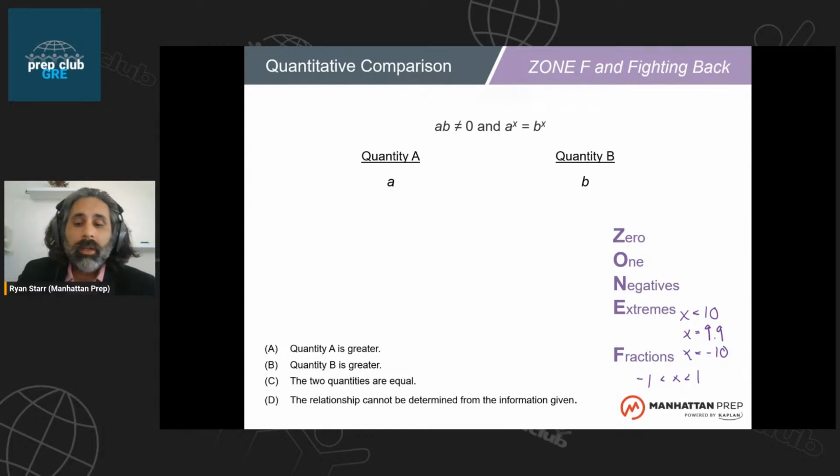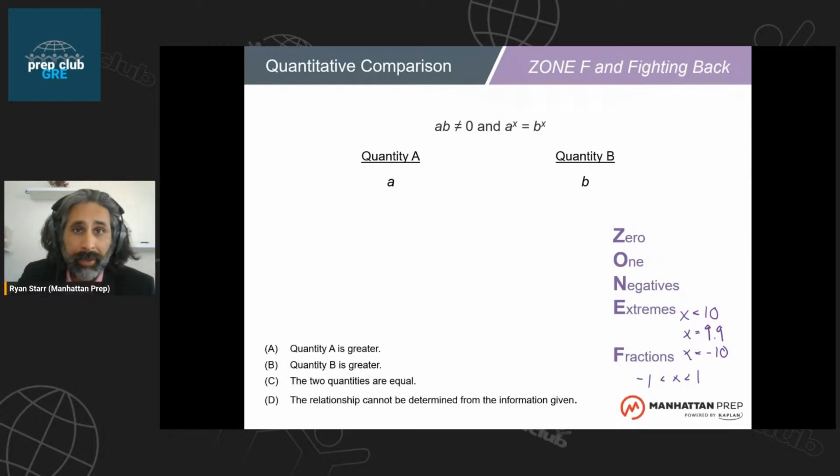A lot of times, parts of Zone F will be excluded from consideration. A and B can't be 0 here. There'd be no point testing 0 for A and B because they told you that A and B can't be 0. But what about 1? Does 1 change anything? What about negatives?